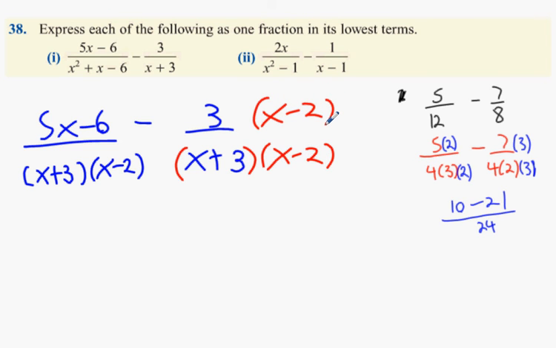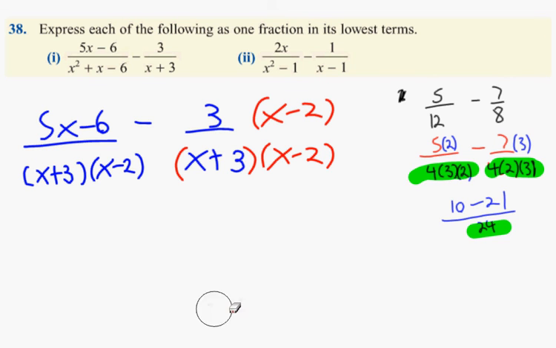Now, like with fractions, do you see the way the two of these were the same fraction? Yeah? It's 4 by 3 by 2, 4 by 3 by 2. They joined into one fraction. Two denominators that are the same can join into one denominator that's the same. That's what I'm going to do here.